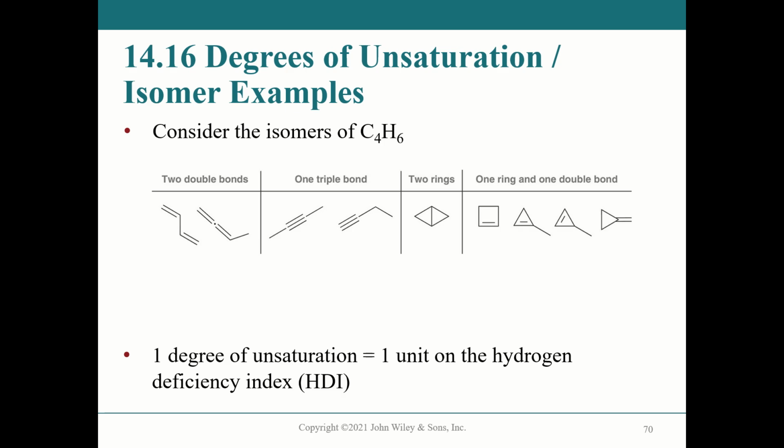Now 4 divided by 2, because each pi bond or ring is using up 2 hydrogen, gives 2 degrees of unsaturation.